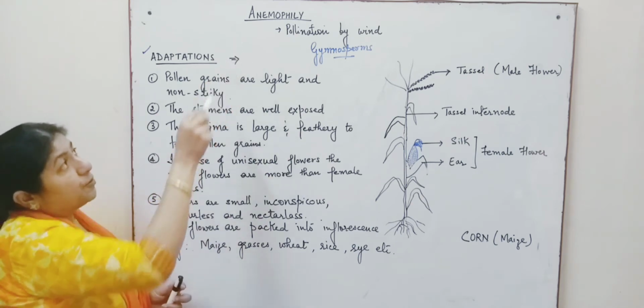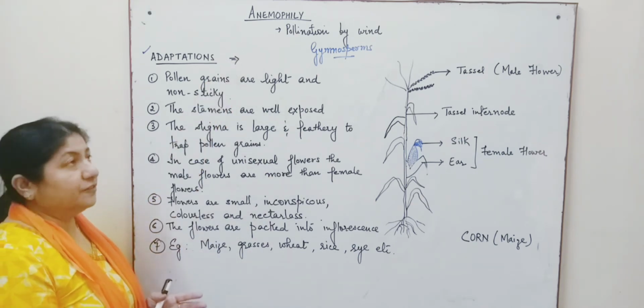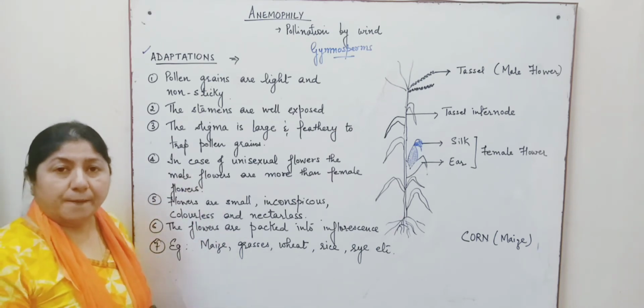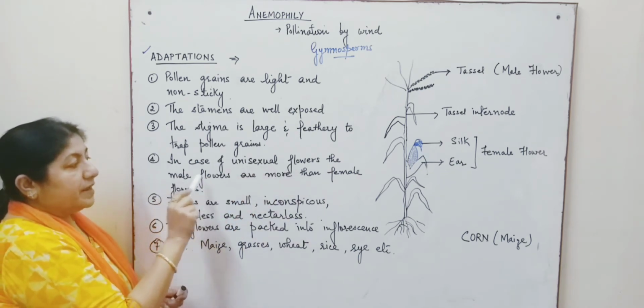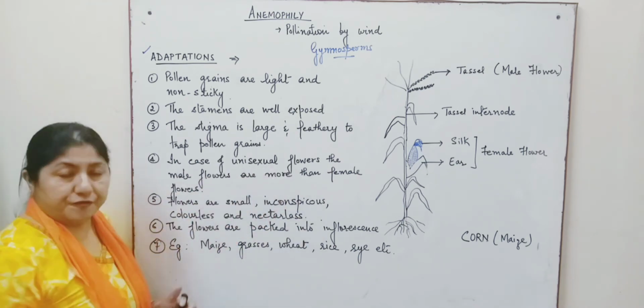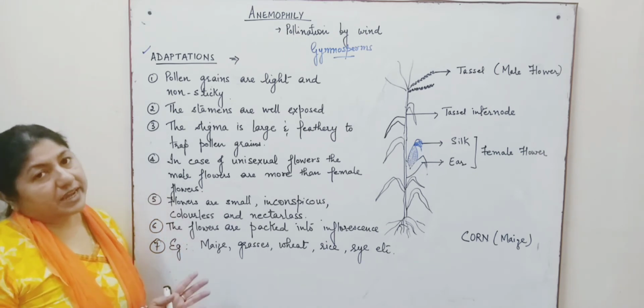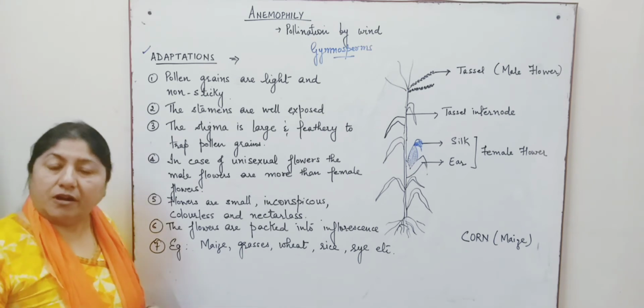Now, the plants that follow this kind of pollination, anemophily, may be unisexual or bisexual. In case of unisexual flowers, the male flowers are more than the female flowers. For the obvious reason, because in case of unisexual flower, a plant will be either male or female.